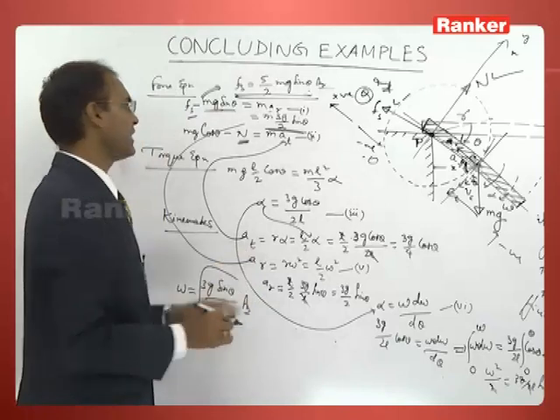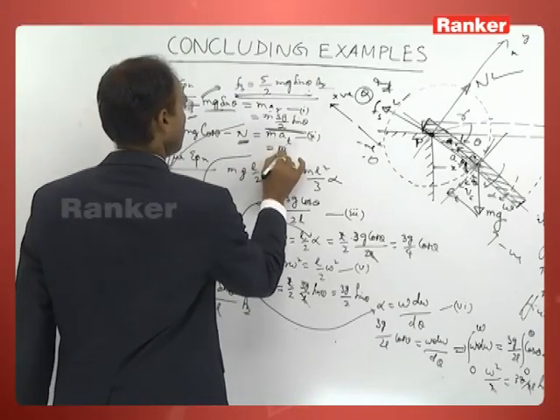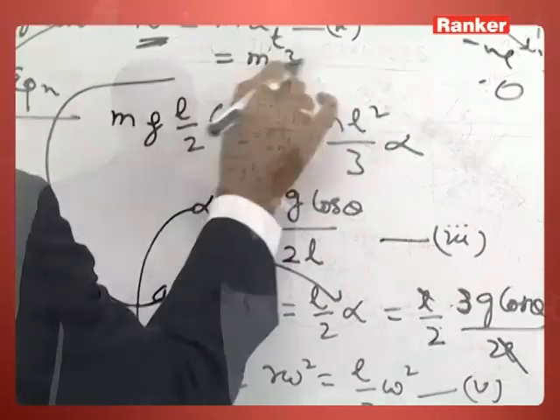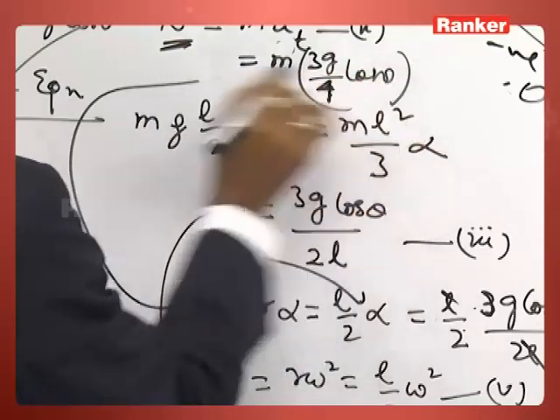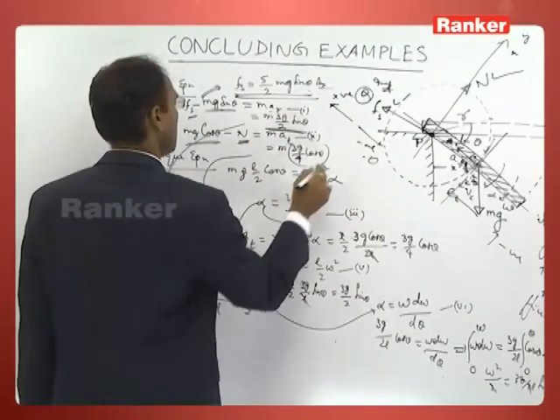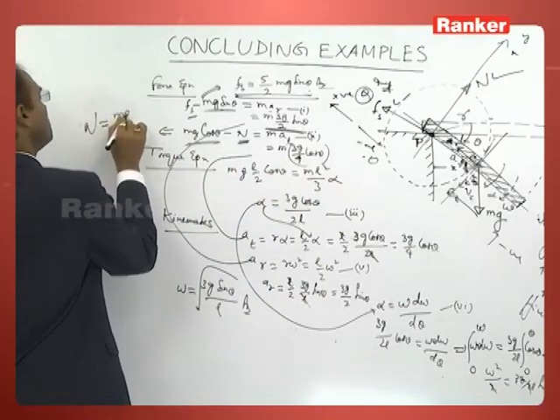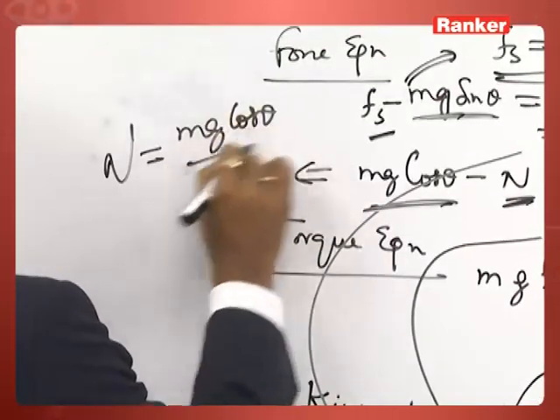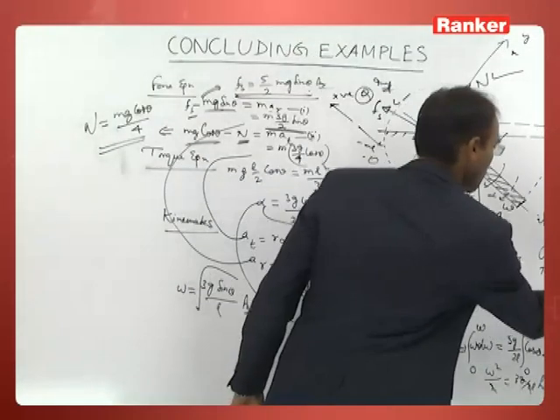Once you get AT, substitute here: that's equal to m into 3g by 4 cos theta. mg cos theta minus 3mg by 4 cos theta. It will give us the normal reaction mg cos theta by 4. So you are getting the normal reaction now.